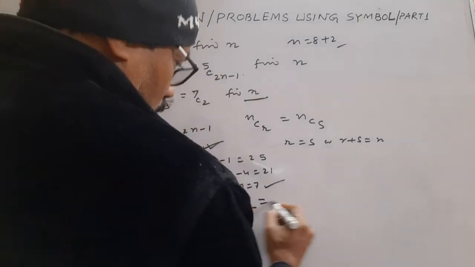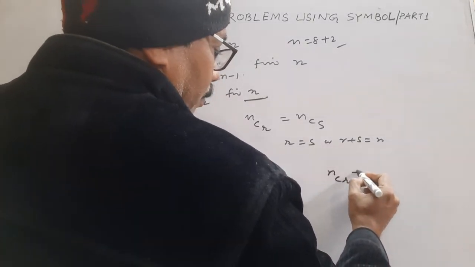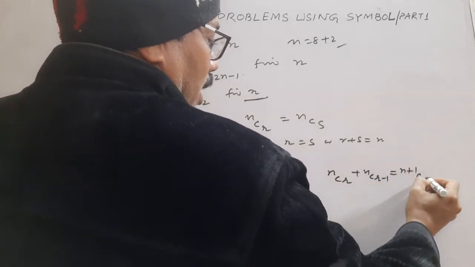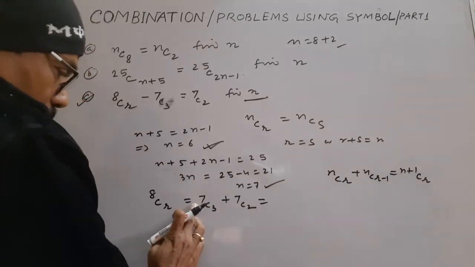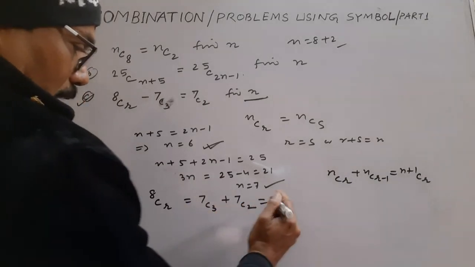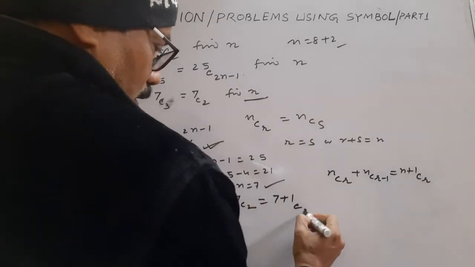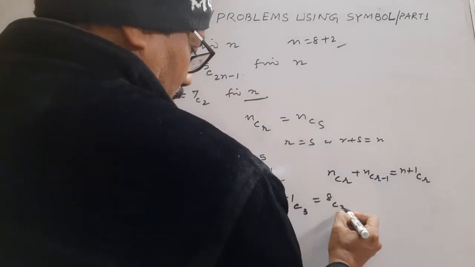So by the well known formula, nCr plus nC r minus 1 equals n plus 1 Cr. So upper suffix same, lower suffix differ by 1. So this is 7 plus 1, the greater of 2 and 3. So this is 8C3.